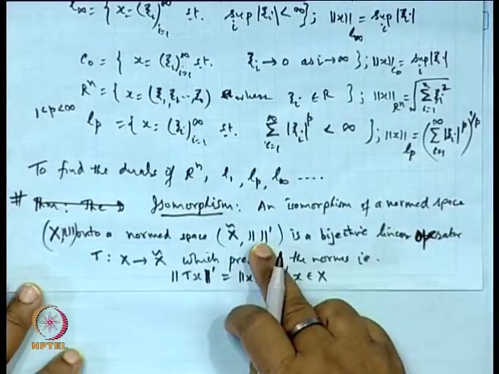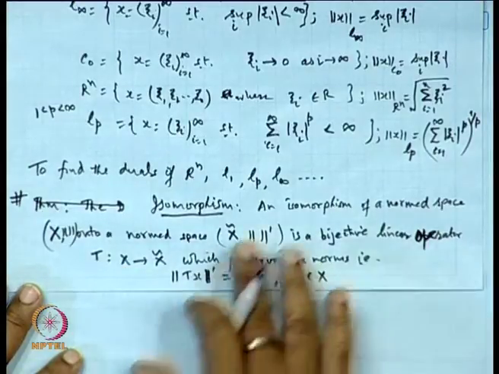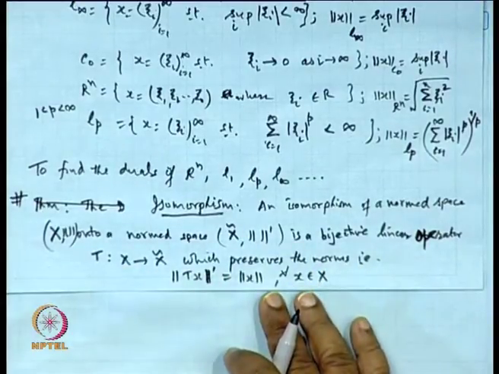Clear? Then these two spaces are said to be isomorphic.